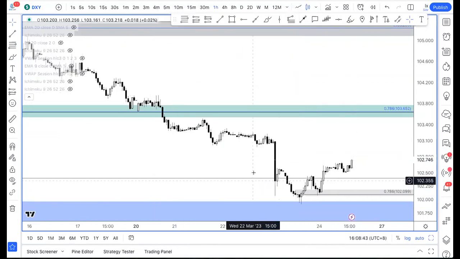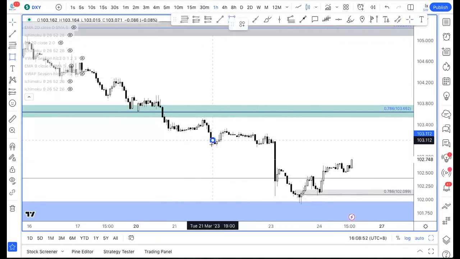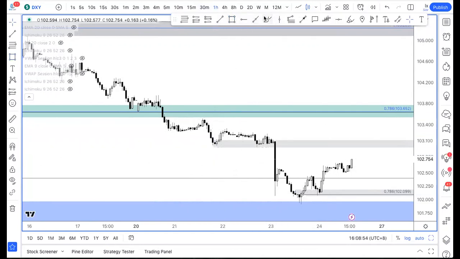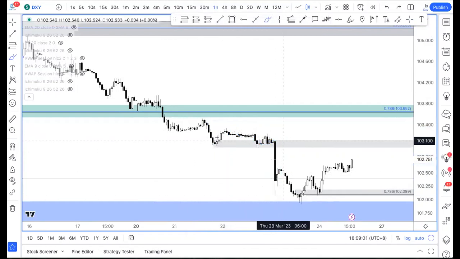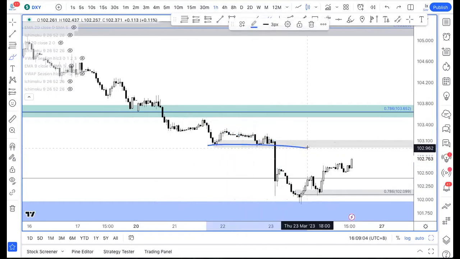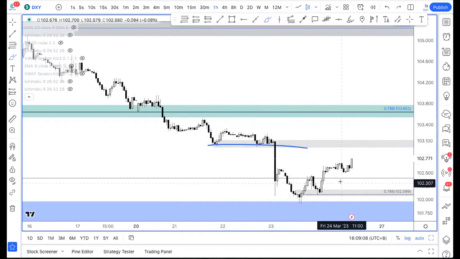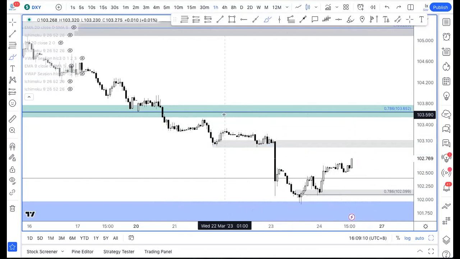With our 78.6 retracement, the next level that we have, in terms of resistance, at least on your 1 hour time frame, the most immediate resistance level is this zone, because this is the area where we saw the consolidation. We saw how price consolidated before the big bearish break below here. So this is the resistance area for me. If we do see any test of this level, we could see a pullback coming into the support zone. So this is the most immediate resistance level.